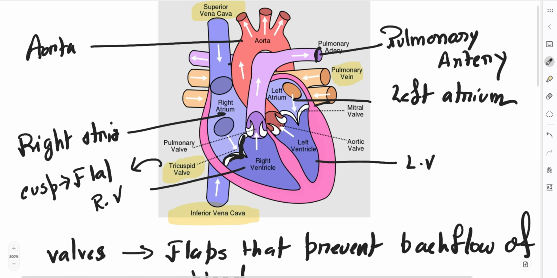And the one that is present between the left atrium and the left ventricle is called the mitral valve, or the bicuspid valve, because it has two flaps.